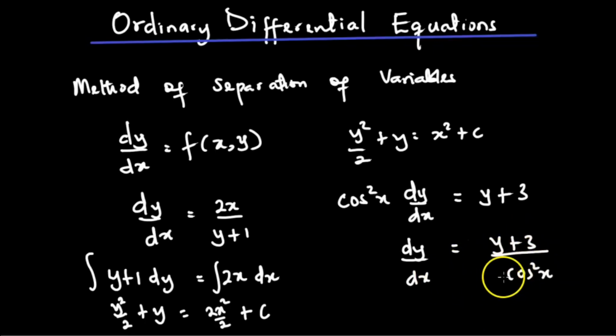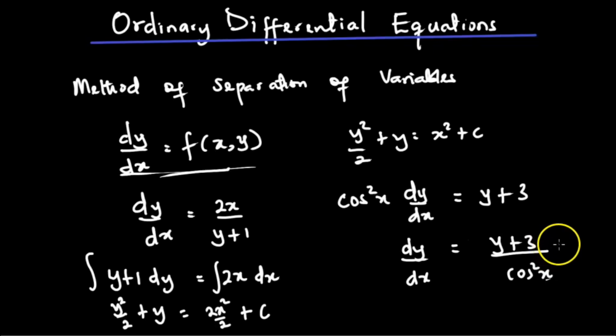Now, taking a look at this, we cannot use direct integration because we have a function of x and a function of y. But we can easily use separation of variables, given that we have these formats right here. So we have cos squared x, where we have y plus 3. So what's the best way to separate the variables?